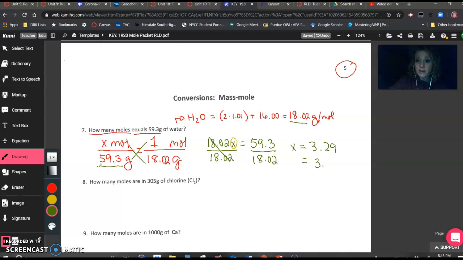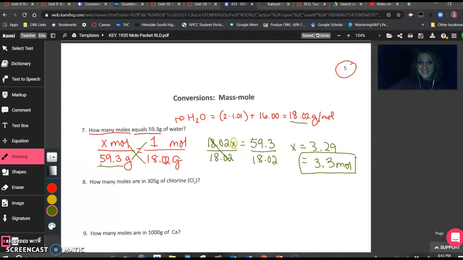So I actually have 3.3. And let's go back to my problem to see what unit my variable was next to. My x, my variable, is next to moles, so moles is my unit, and that is my final answer.